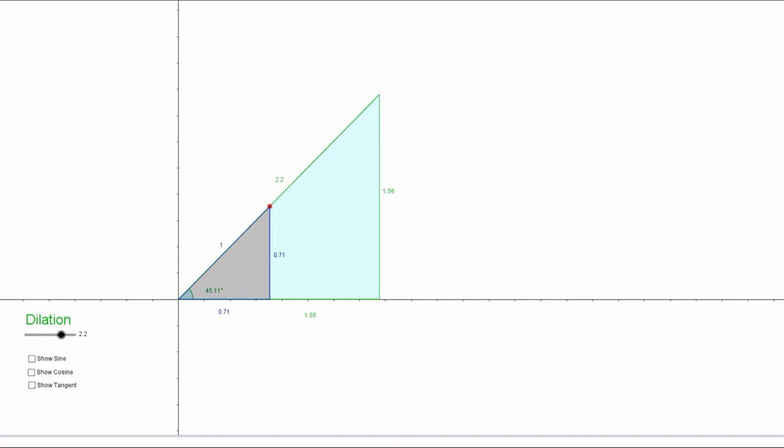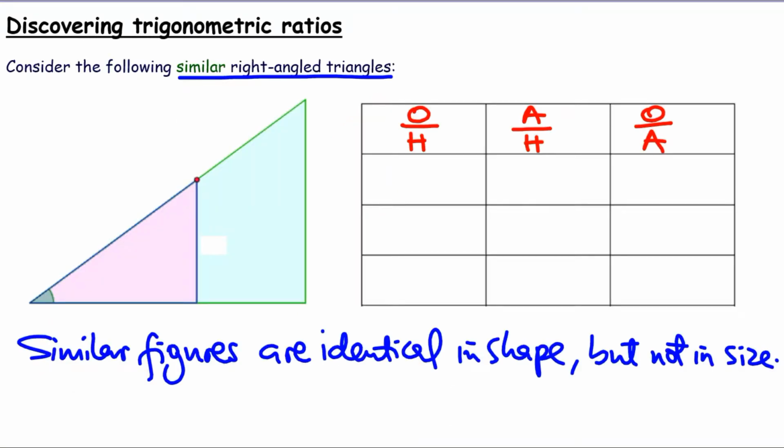So in our investigation, this angle will be 45.11 degrees. And by the way, this is the opposite, this is the hypotenuse, and this is the adjacent. Now we are going to fill in this table with the corresponding sides of the ratios that we have here.